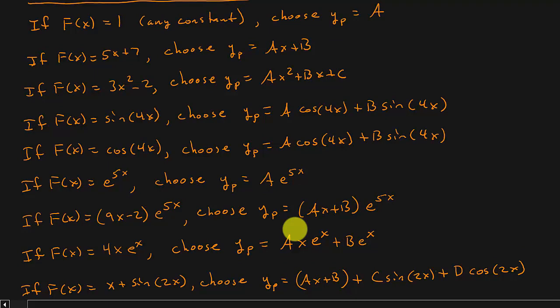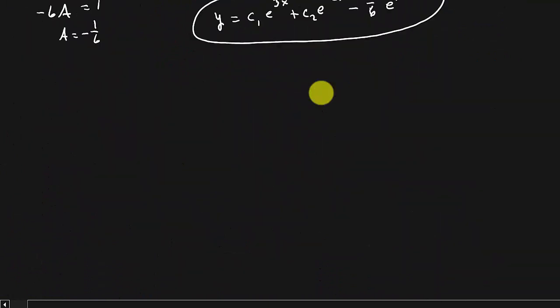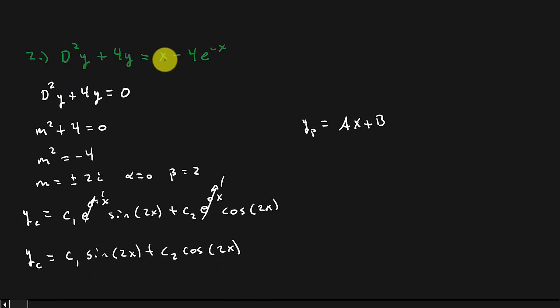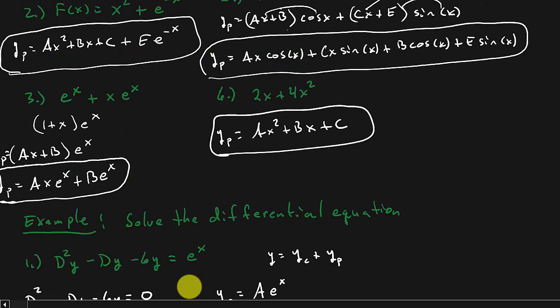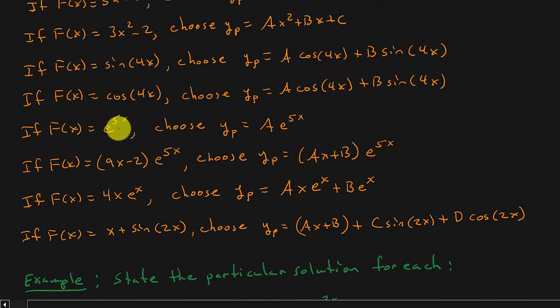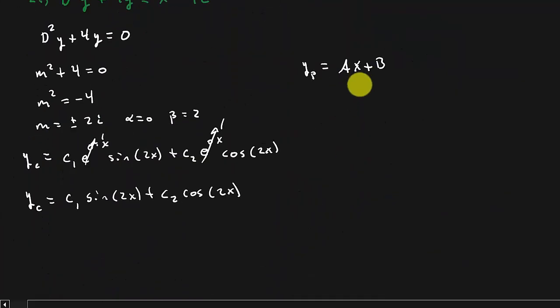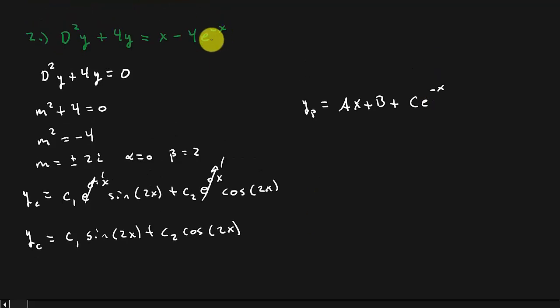And then we have this minus 4e to the negative x, which is going to be this one right here, and so that's going to be plus c e to the negative x. See, we got the negative x right there. And that's what we're going to choose for our y sub p.